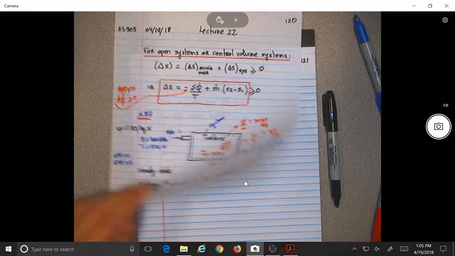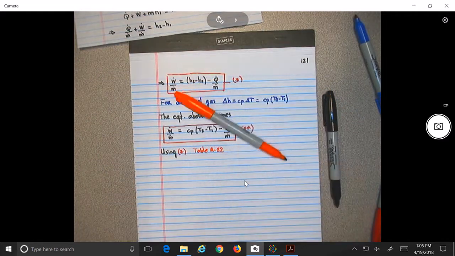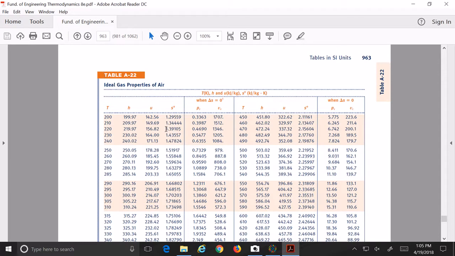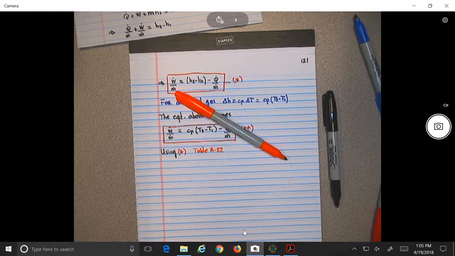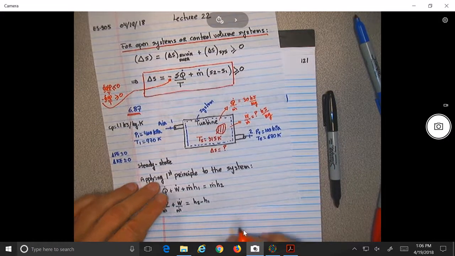Okay, what do we know? So let's first look at the table, okay, and see what the table gives us. So the table, what does it give us? It gives us the temperature, no? Okay, so if we look at the problem, do we know the temperatures? So what is T1?